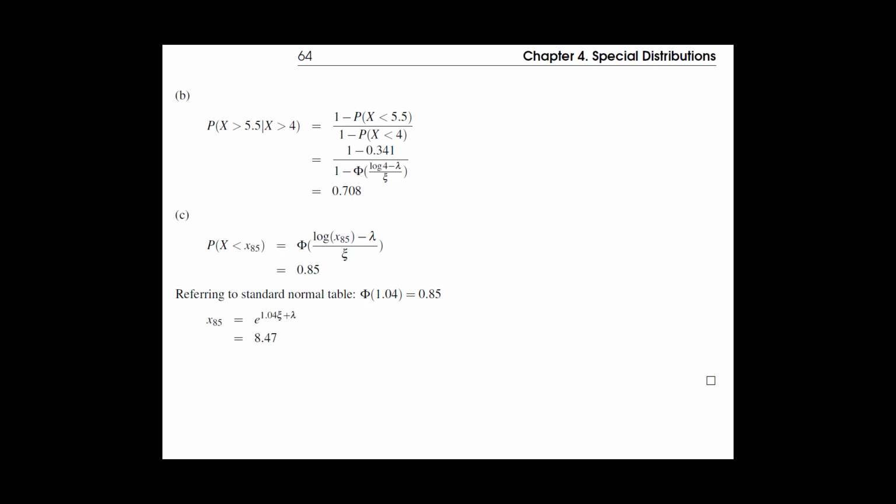And then the calculation of the 85th percentile. We're using the formula from before, where this would be the standard normal 85th percentile. It's 1.04.